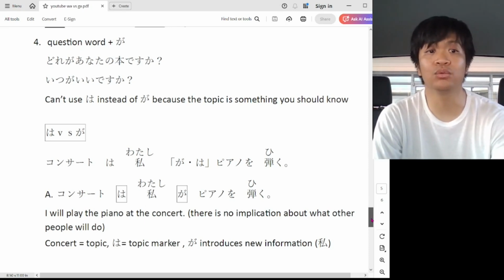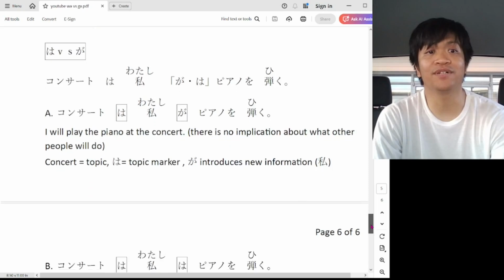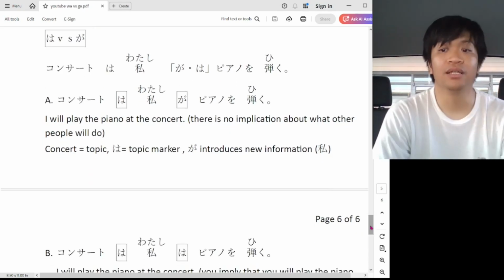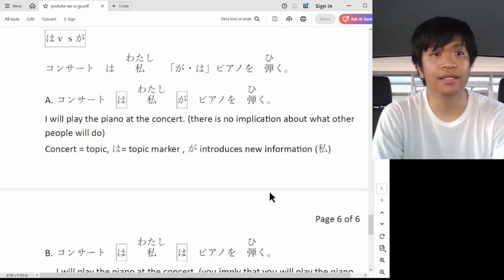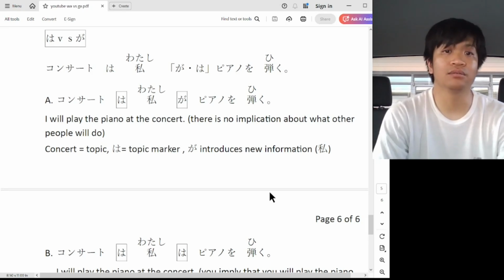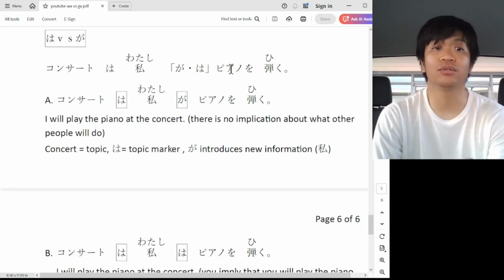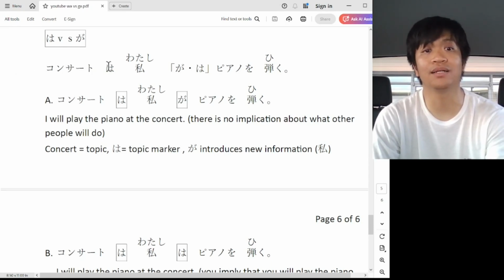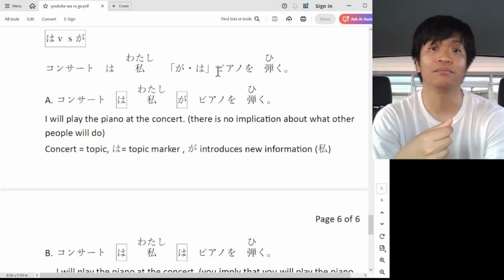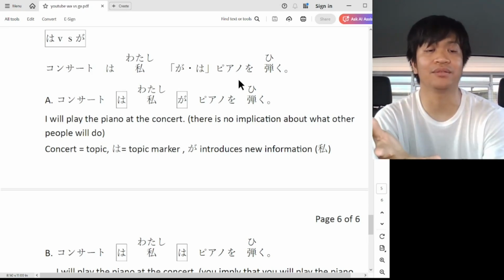All right, so that was wa, that was ga, four functions of each, and now let's go into some comparison and contrast of the two. So, for example, we have コンサートは私が or 私はピアノを弾く。Concert は is the topic marker, or it could be a contrast marker. 私 and then after this do we put が or は, ピアノを弾く, play the piano.